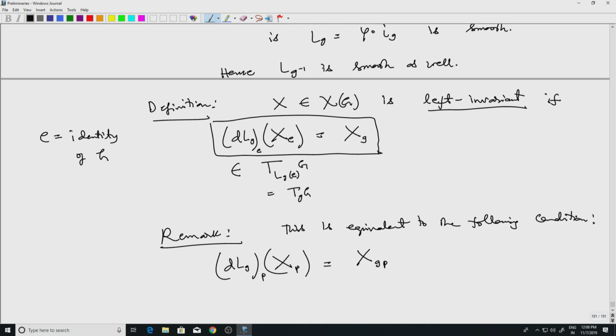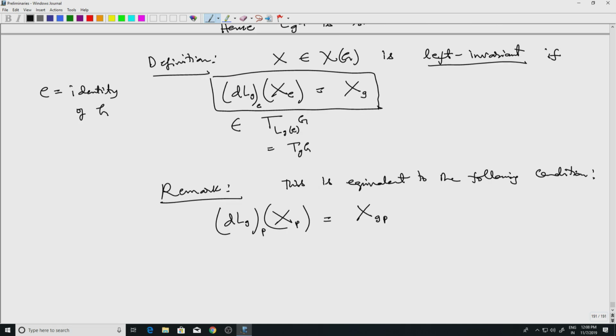Well, what I wrote looks slightly more general than the defining property of left invariance, because if I take this P here to be the identity element, then I have the original definition of left invariance. But here I am demanding it for any P. But it's quite easy to see that this more general thing follows from this.